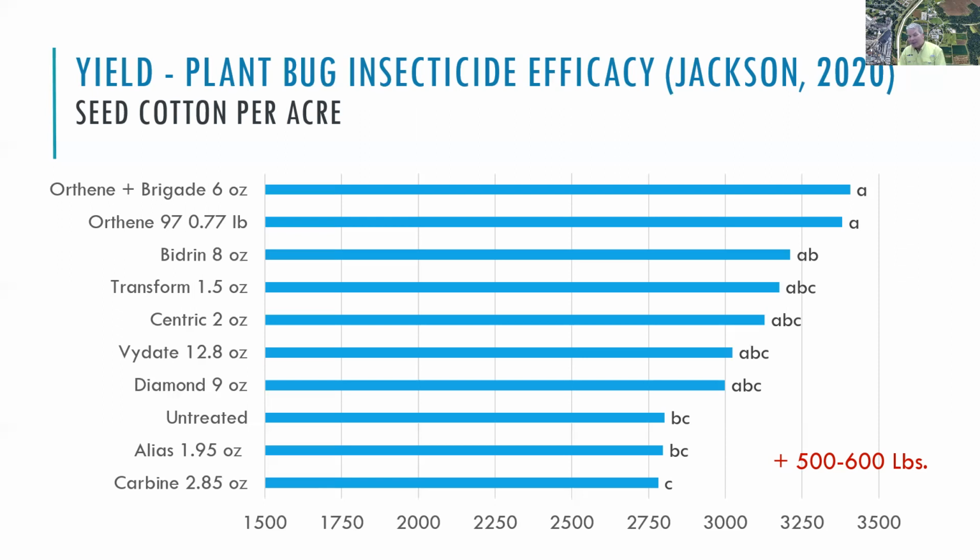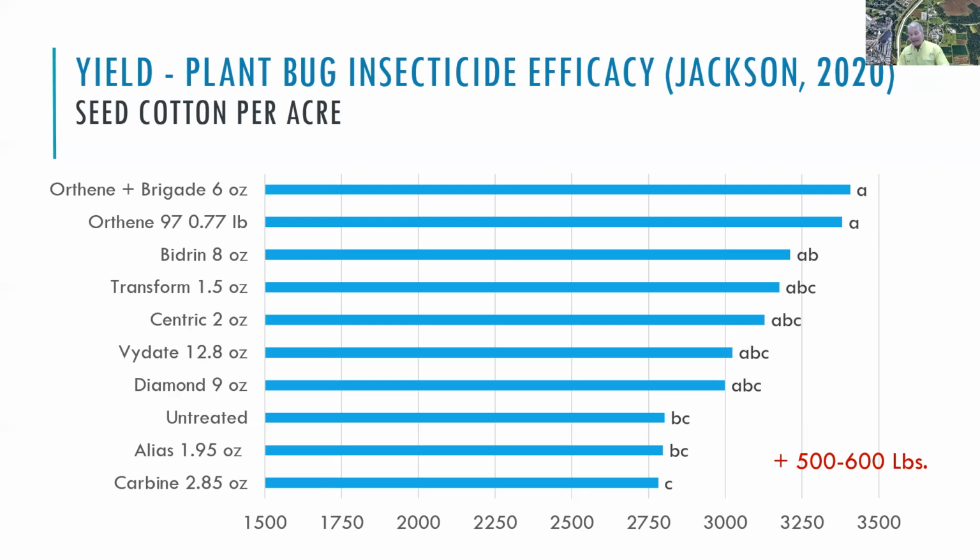And I'm not too surprised, and again, there's not a statistical difference between these, but because we had stink bugs, I would expect products that control both tarnished plant bugs and stink bugs, that combination, to rise towards the top, and that's exactly what happened. Transform very often would be at the top of this list if you didn't have stink bugs, so would Diamond.